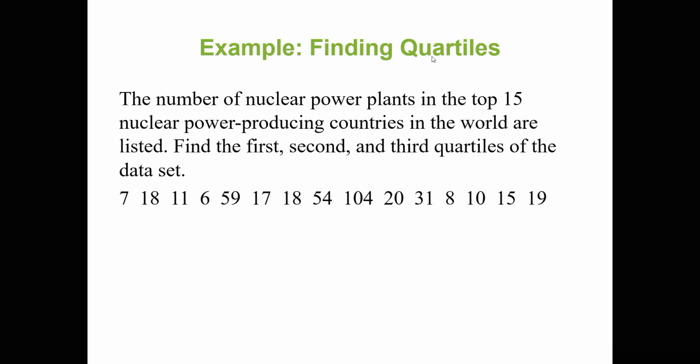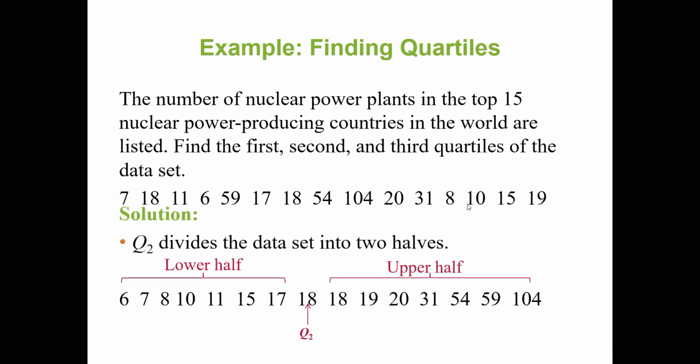So we are looking at quartiles. It says the number of nuclear power plants in the top 15 nuclear power producing countries in the world are listed. Find the first, second, and third quartiles of the data set. So the first thing you need to do is to arrange it in ascending order of magnitude, and then you start splitting it into 4. So what we've done is we've arranged it in ascending order.